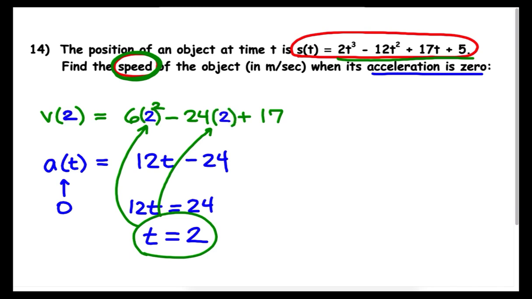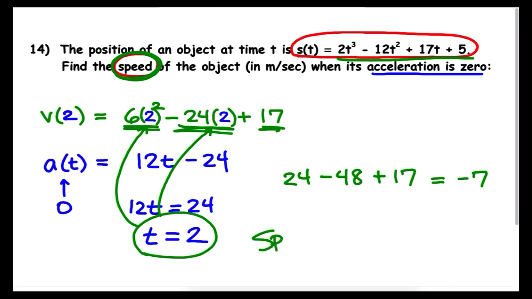So the velocity at 2 seconds is going to be, let's see, 6 times 4, that's 24, minus 48, plus 17, and it's going to end up being negative 7. Now we want our units, which of course are going to be meters per second.